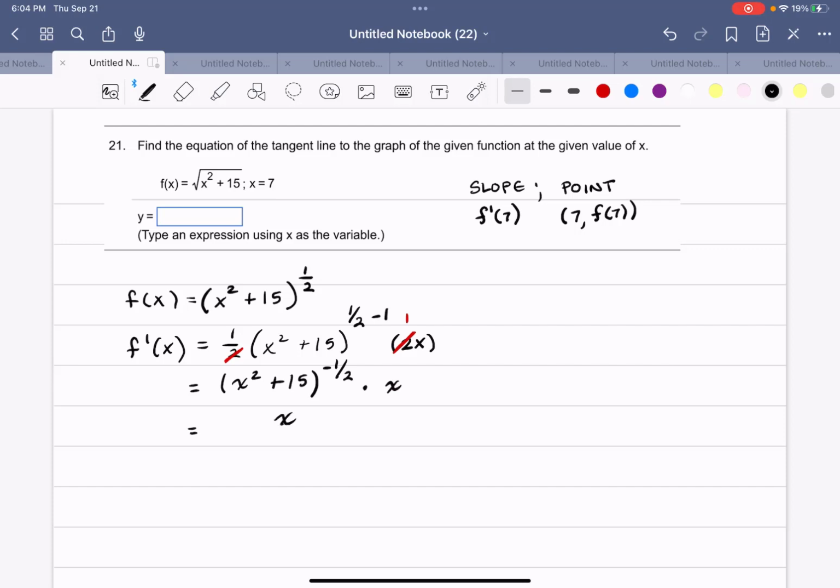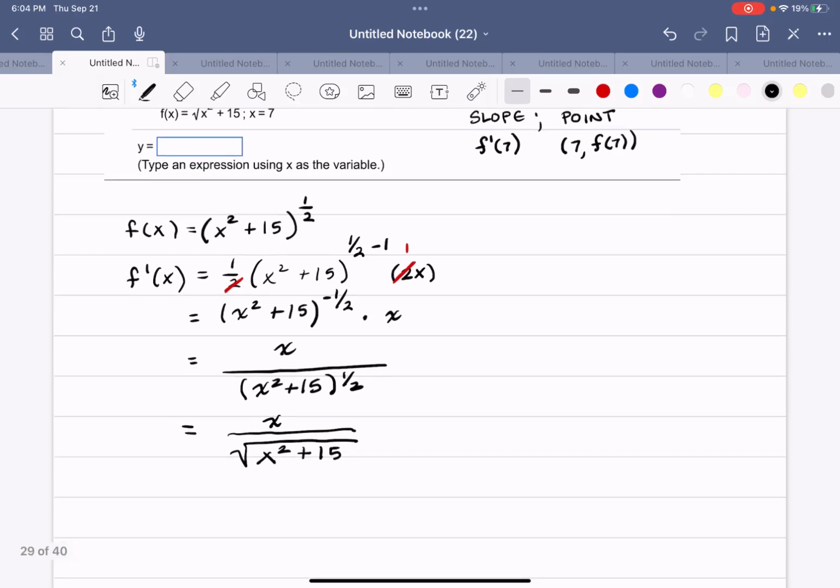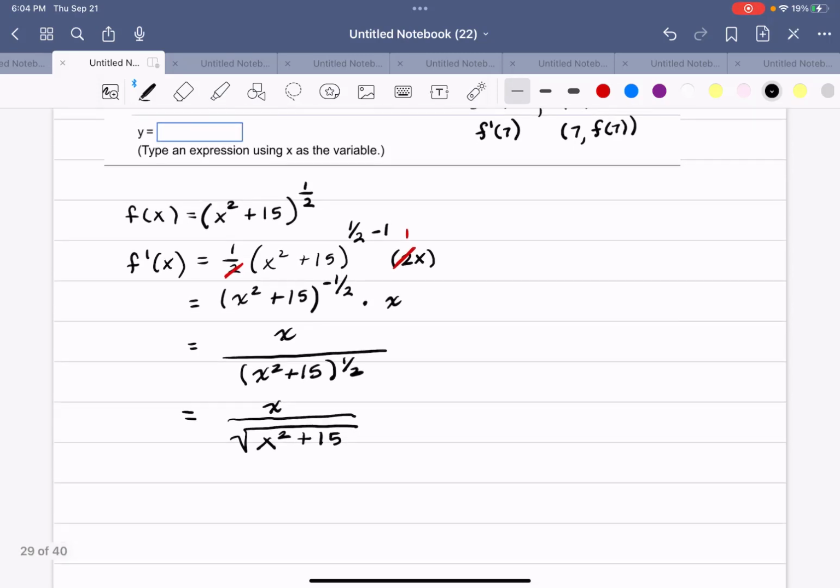Since that's a negative exponent, I'll move that base, x squared plus 15, to the denominator. And since I'm going to have to evaluate it, I'm going to write it back in the square root form. So the equation for the slope of my tangent line is x divided by the square root of x squared plus 15.